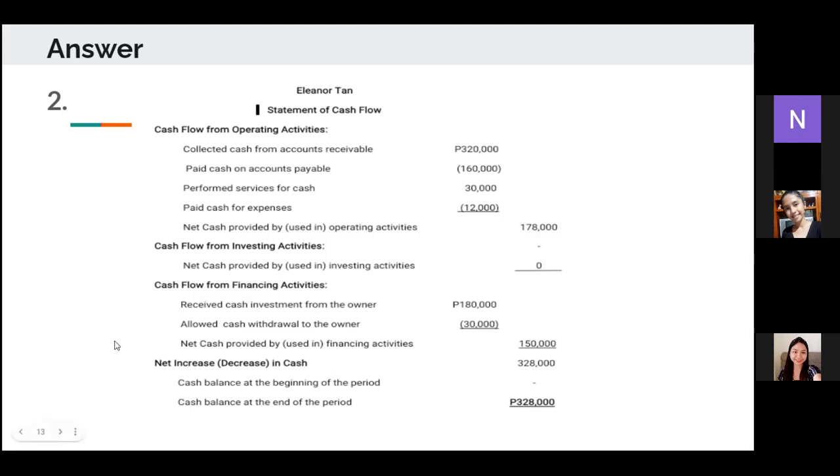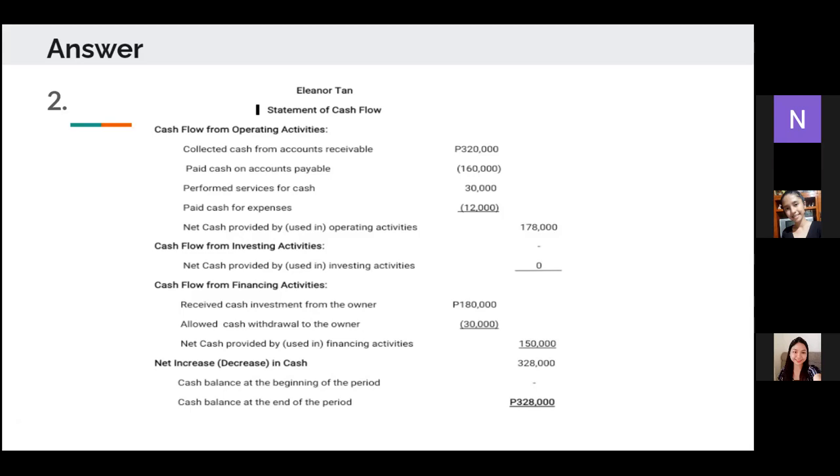Pero kapag negative naman, we use net cash used in. So now let's move on to the cash flow from investing activities. Walang transaction na naganap under ng investing activities. Kaya zero siya. Pero pwede naman na kahit hindi na natin ilagay. Nilagay ko lang para maganda tingnan tsaka para mas malinaw.